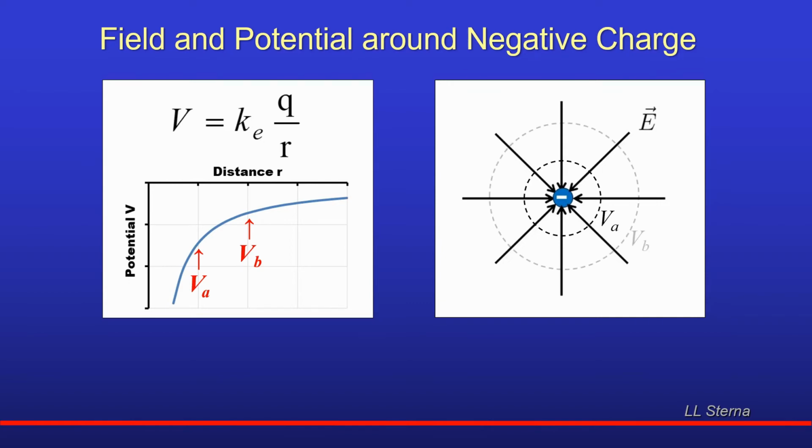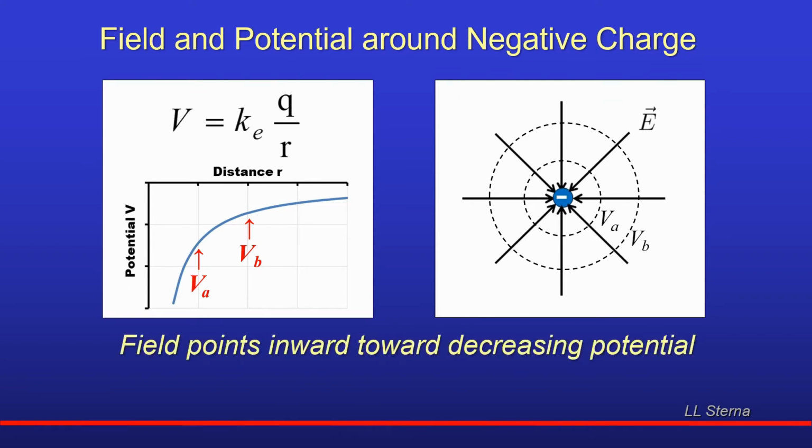Let's go to the picture. There's the dashed line showing V sub B. Since V sub A is smaller than V sub B, the field points inward, goes from higher potential to lower potential. In every direction around the charge, V sub B is at a higher potential than V sub A.